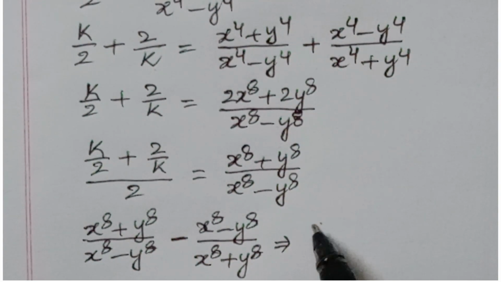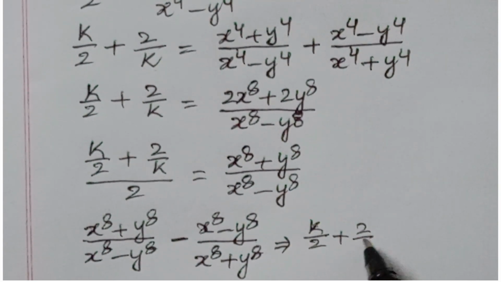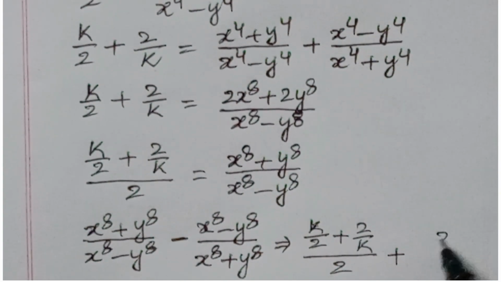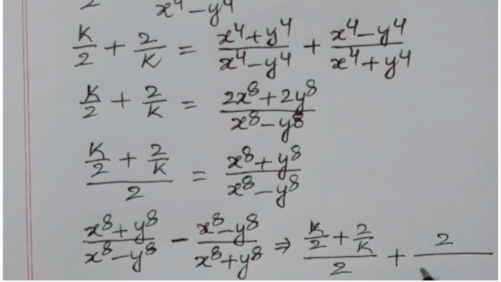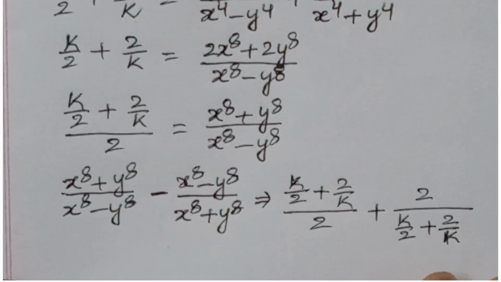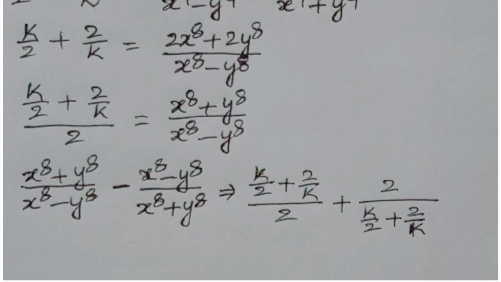From this you can write it as (k/2 + 2/k)/2 minus the reciprocal, 2/(k/2 + 2/k). If you solve this, you will get the answer.